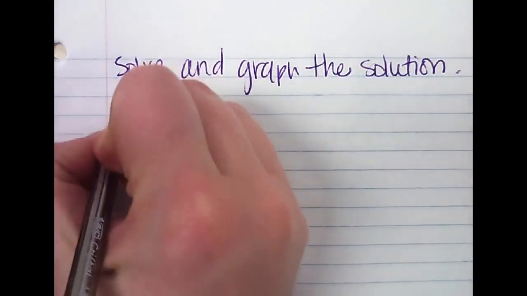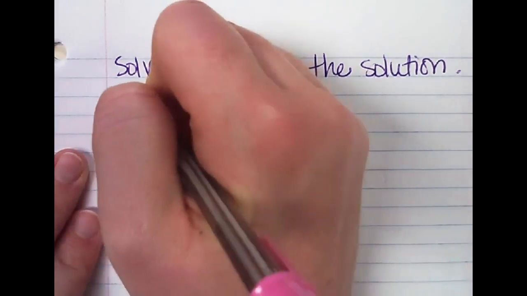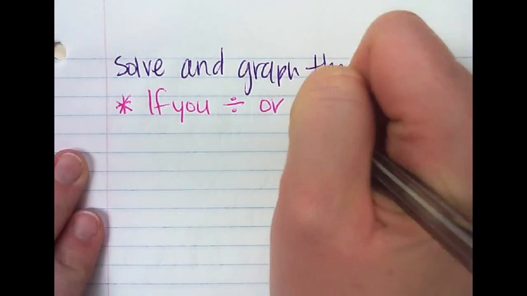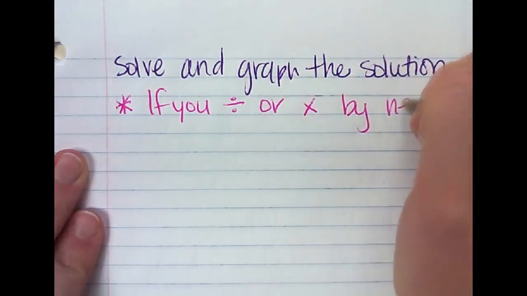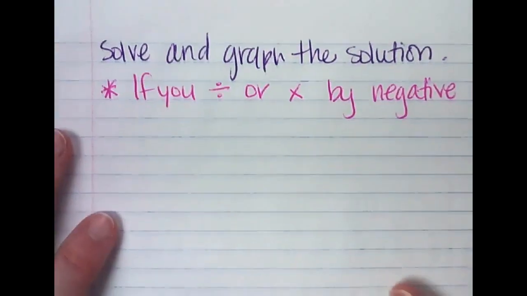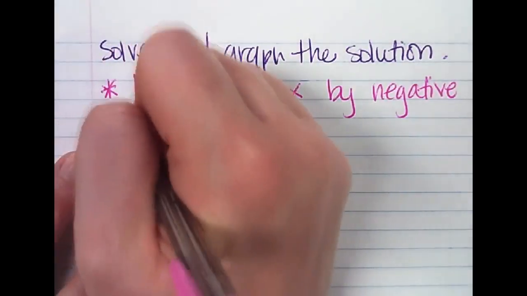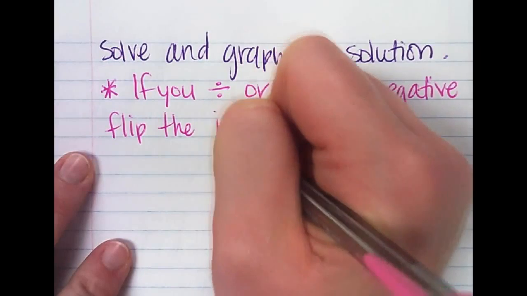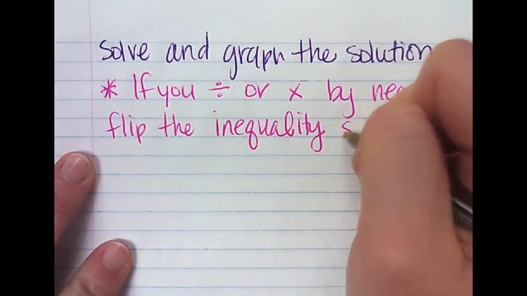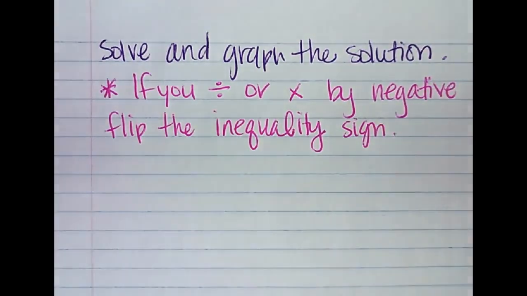So the main thing with inequalities is if you divide or multiply by a negative, what do you have to do? Flip the sign. Yeah, flip the sign. I'm going to say the inequality sign. Flip the inequality sign. Otherwise, it's exactly like solving an equation.